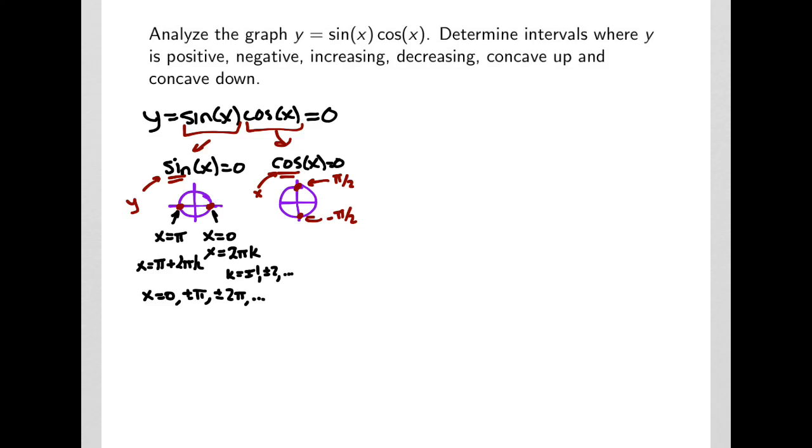So my solutions for the cosine are x equals pi over 2 plus 2 pi k, because every full loop around the circle, I'm back where I started. And I'm at the bottom whenever x equals negative pi over 2 plus 2 pi k.